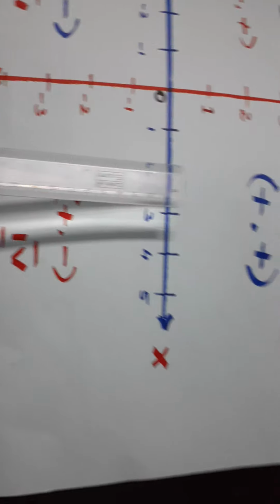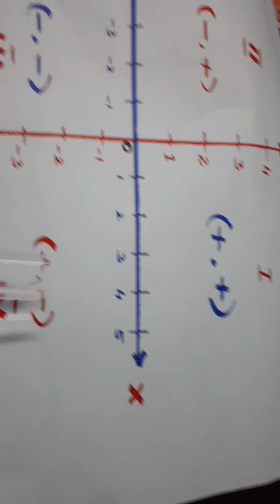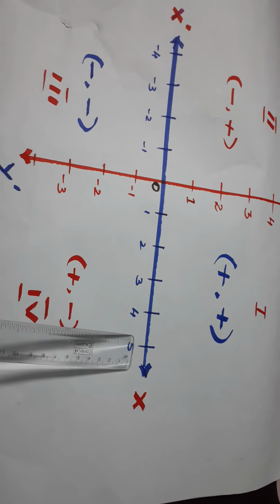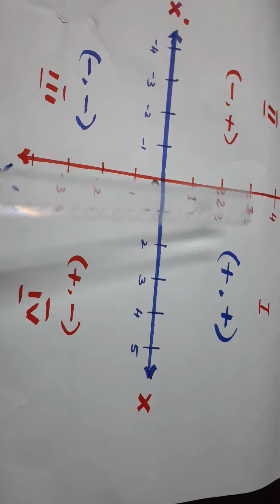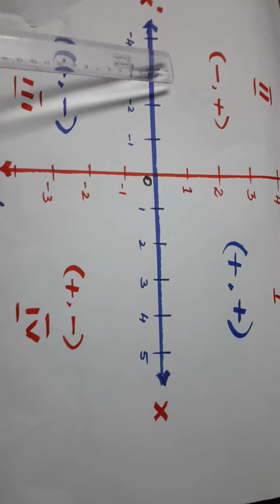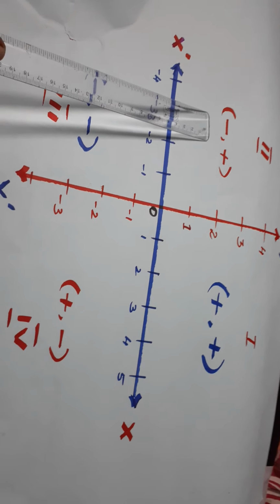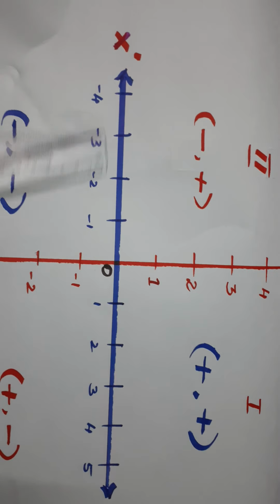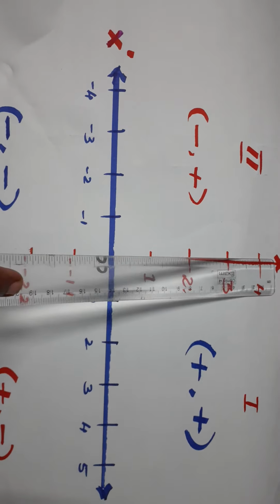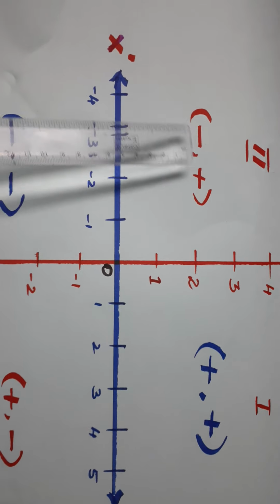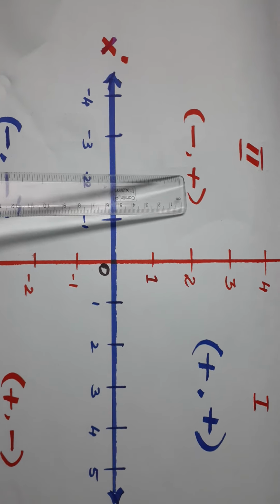Before seeing this, we recall the quadrants. Here x values as well as y values both are positive in the first quadrant. This is the second quadrant. Here x is negative, y is positive.